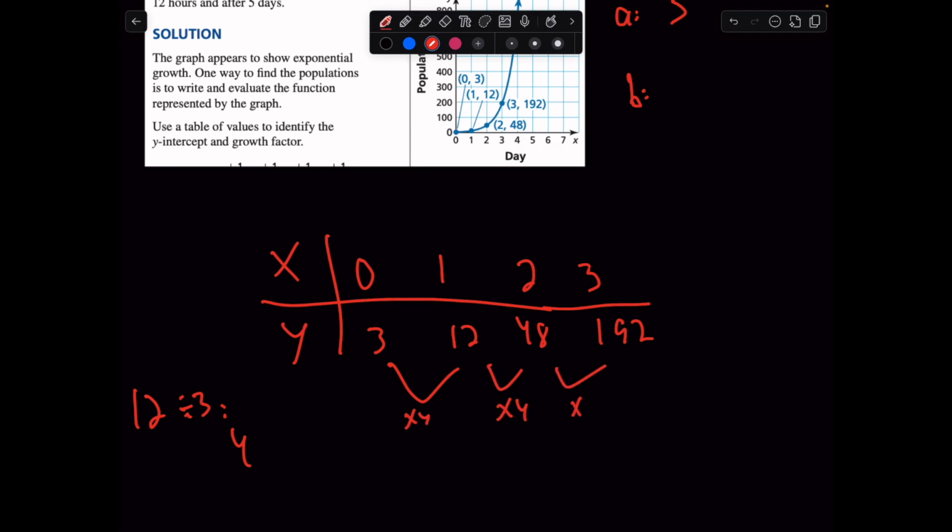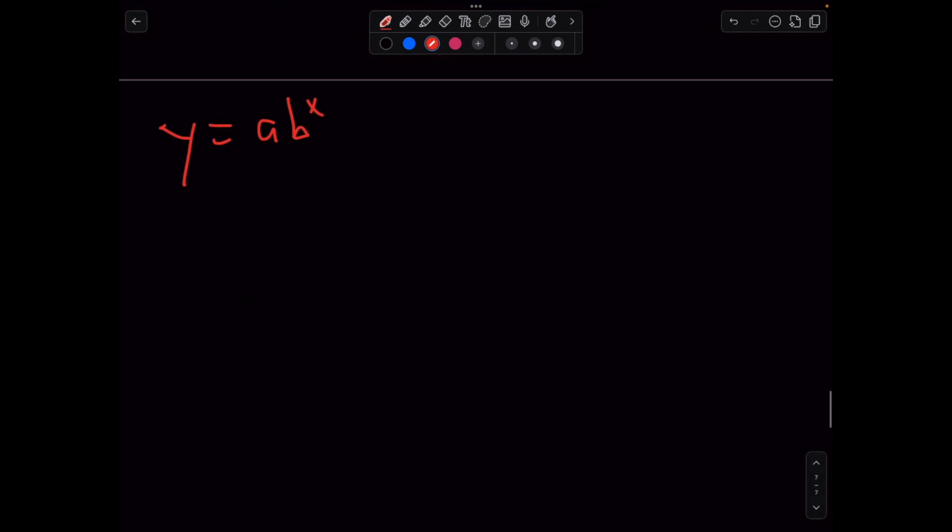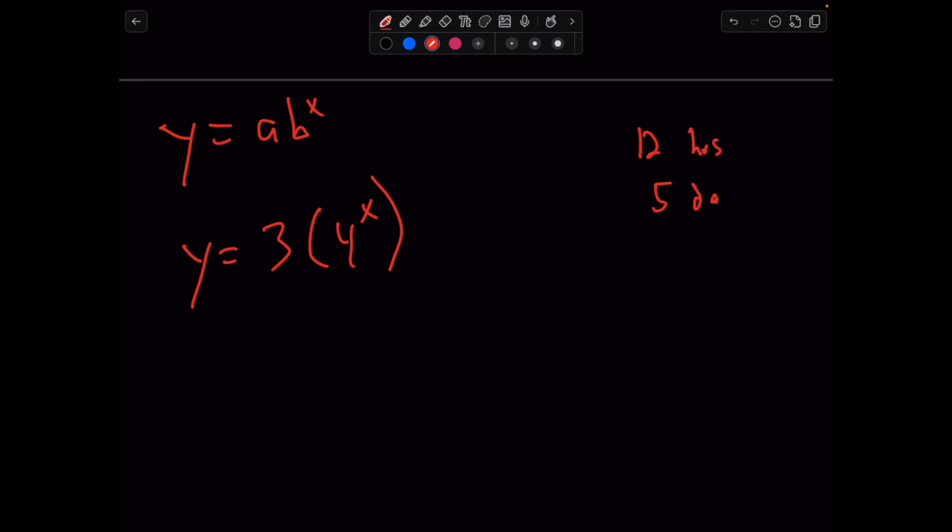This is times by 4. So my B is 4. So I have y equals a b to the x. B is 4 and a is 3. So there's your function.